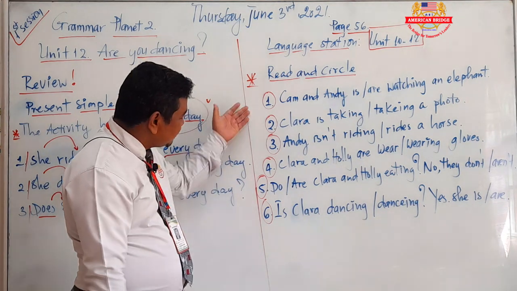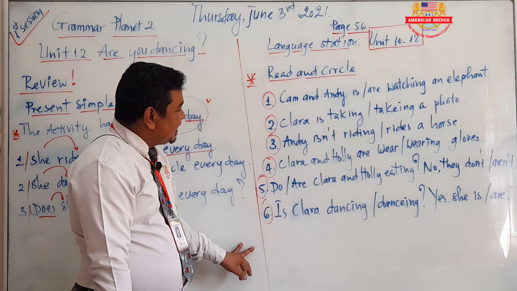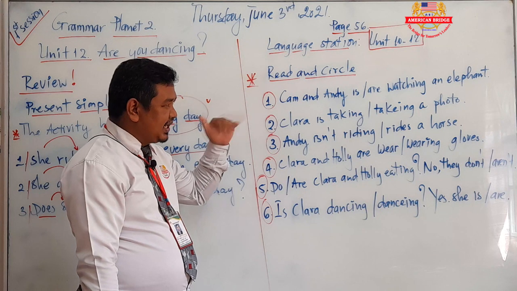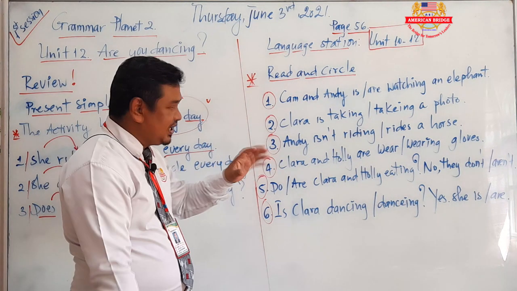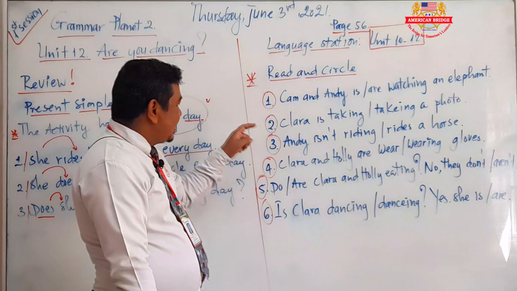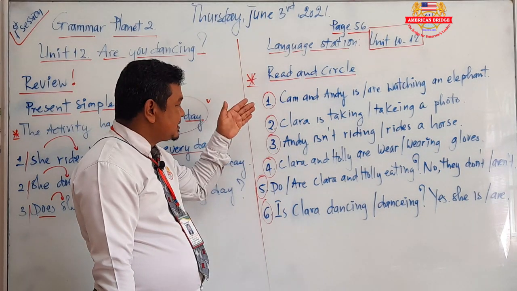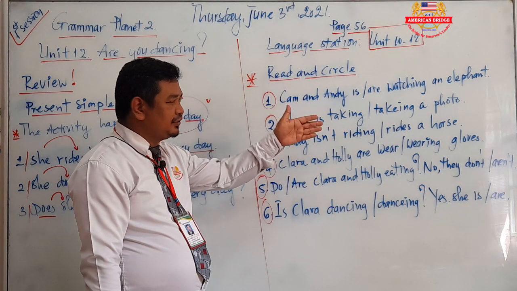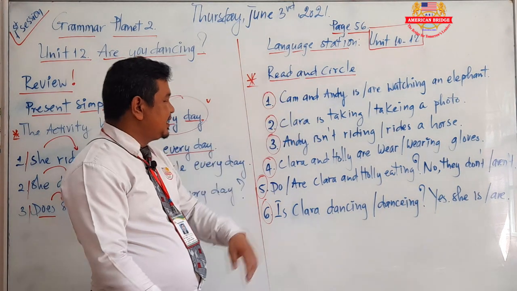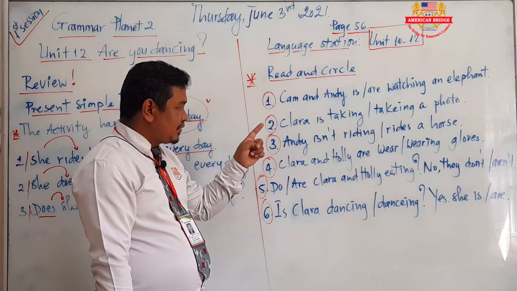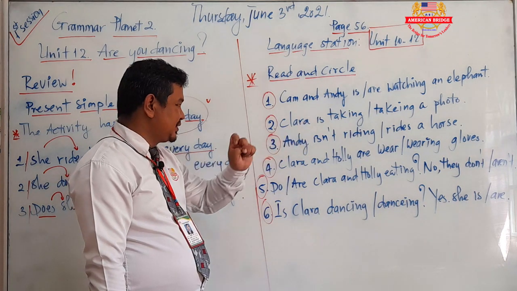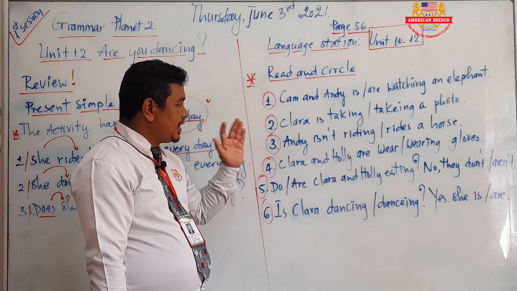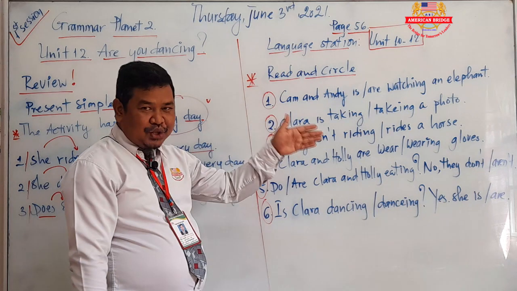Okay, so we have number 1 to number 6 in here. Number 1, Cam and Andy are watching an elephant. An elephant is a kind of big animal. Number 2, Clara is taking a photo. Taking a photo. So which one? Number 3, Andy isn't riding a horse. So the word isn't. Number 4, Clara and Harley are wearing clothes.